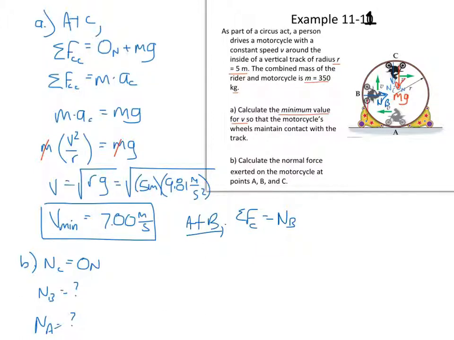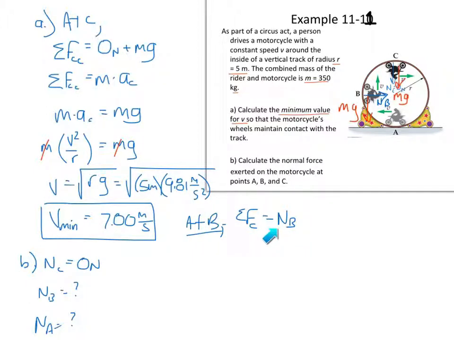No, it's directed this way, right? It's at right angles to that, so that's mg right there. That is neither contributing nor hurting his normal force, but it's at right angles to it, so it's not going to be part of the center directed forces. We can just ignore that. So the normal force at B would be the only component force directed centripetally right there.